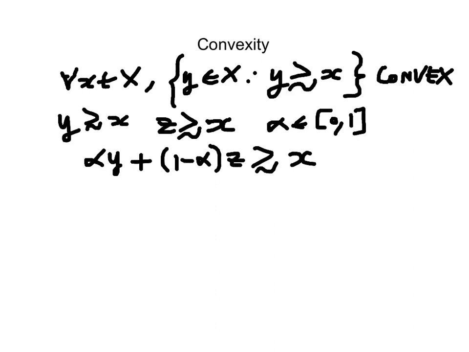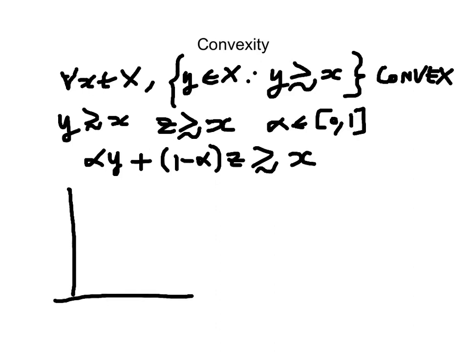So I have to be able to add commodity bundles, and I have to be able to multiply them by a scalar, right? And then test whether or not the resulting bundle is at least as good as x. Let me draw this graphically, just so you can see.